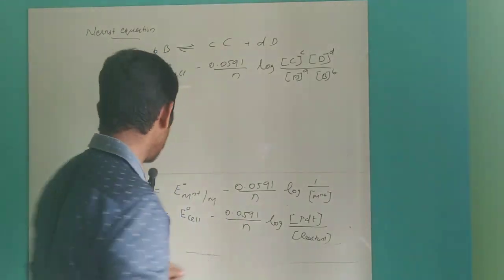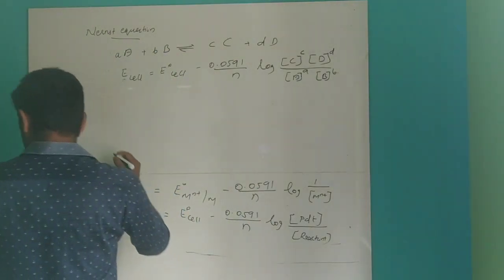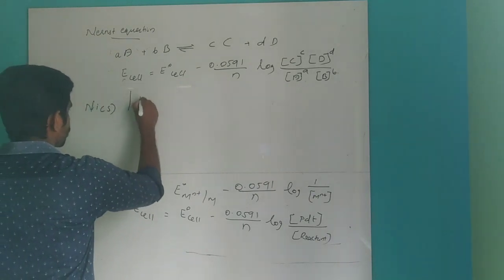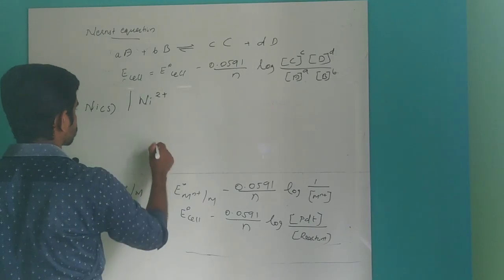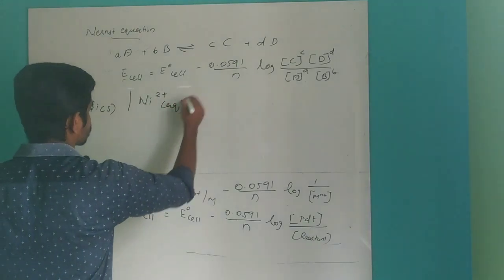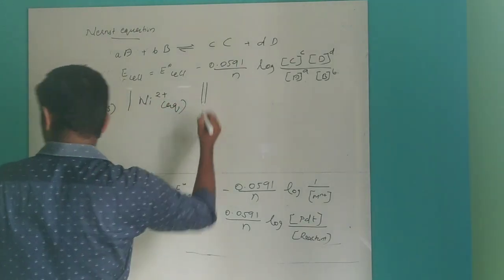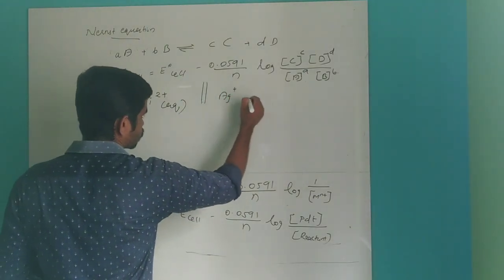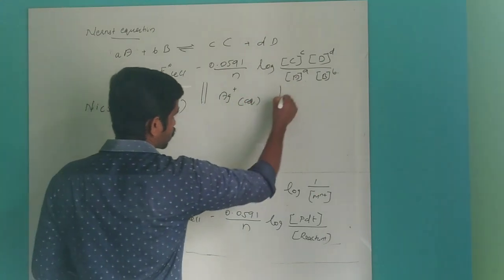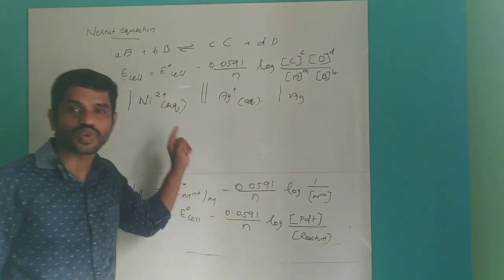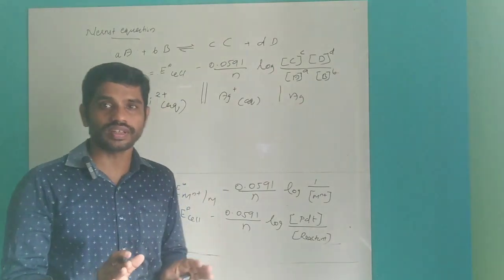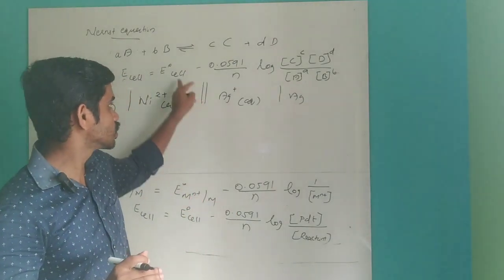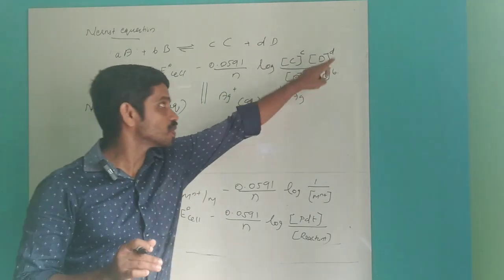The cell equation is nickel solid converting to Ni2+ aqueous, and Ag+ aqueous converting to Ag. So this is one of the cells given. You have to write the corresponding Nernst equation. Here everything is the same, only this part you have to write.